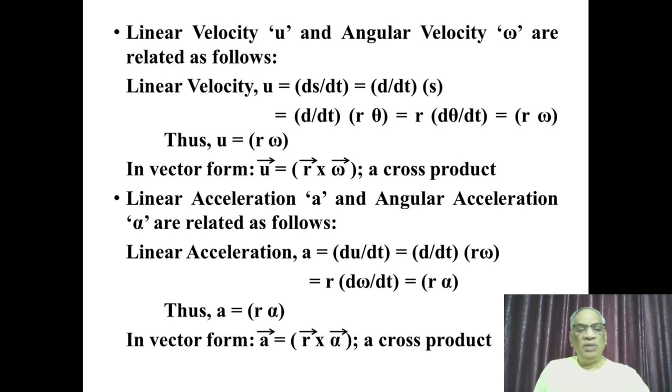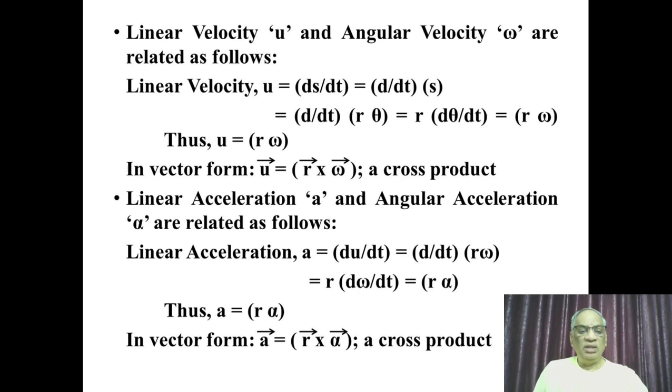So d by dt of s is d by dt of r theta, with r being constant. It is r times d theta by dt, but d theta by dt is omega. So u is equal to r omega. In vector form, u bar is equal to the cross product of omega bar and r bar.